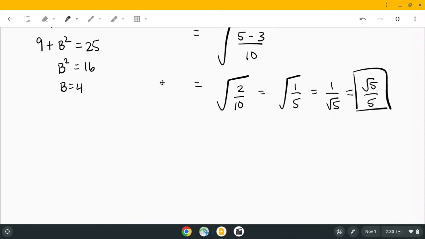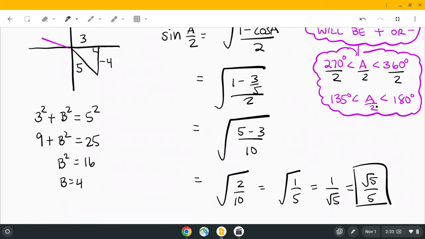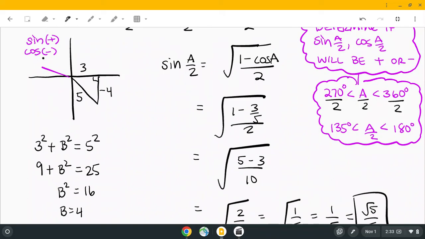Let's do cosine of A over 2. We already determined that A over 2 is an angle between 135 and 180, so that's going to be in here, and cosine is negative.